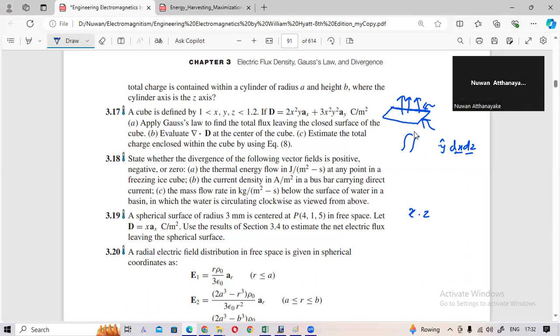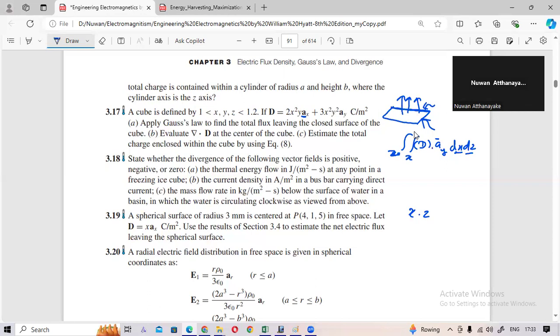We use y hat as the unit vector. So you need to do this integration, with the z limit and x limit.